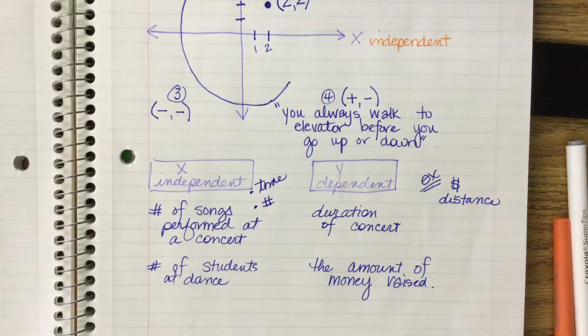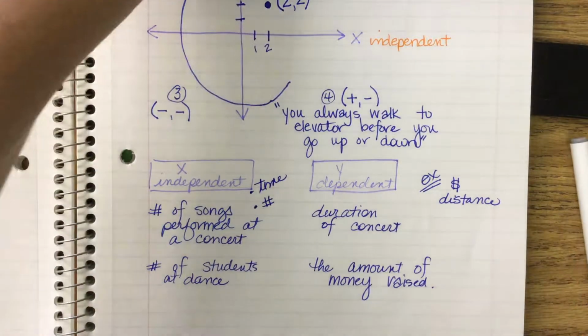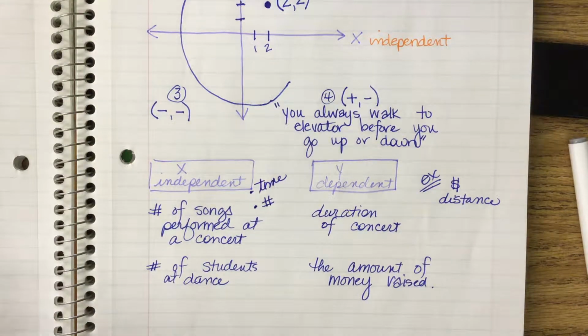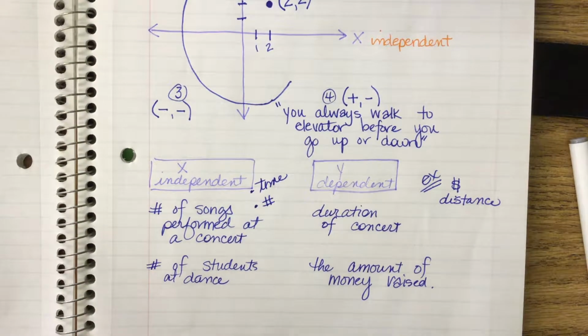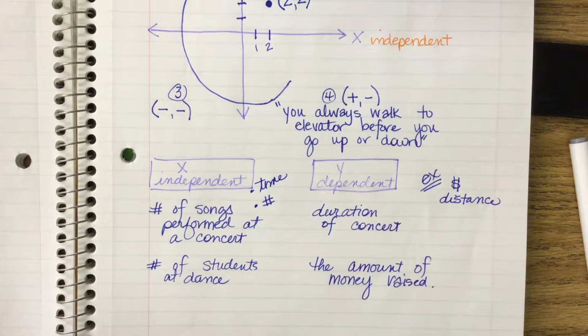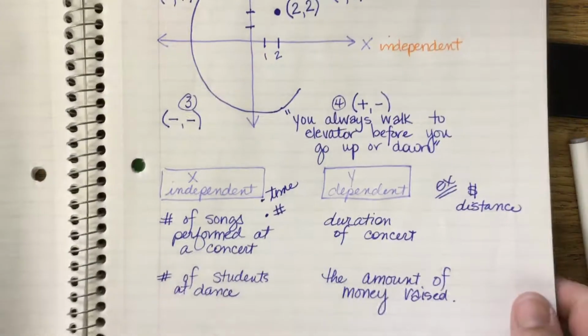Pretty straightforward. But I want to do a couple, because in 8th grade math and 8th grade science, you're going to have to read motion graphs and lots of graphs. So I want to get out the book. Actually, I'll just copy it. Let's take a couple of these graphs.